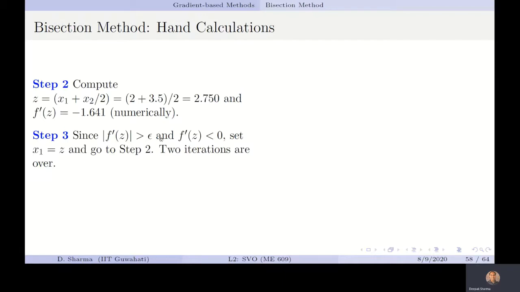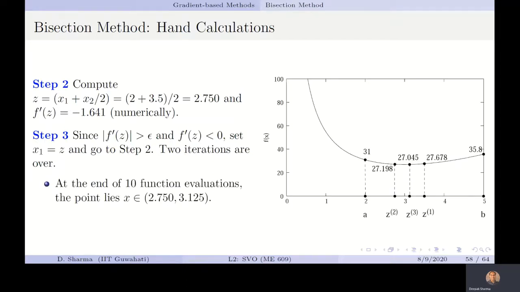Here, it is important to note that the sign of the derivative of the function at z is smaller than 0. So you know that the minima will never be lying from a to x1. Therefore, we update x1 as z. We go to step 2, and this completes the two iterations of the bisection method.